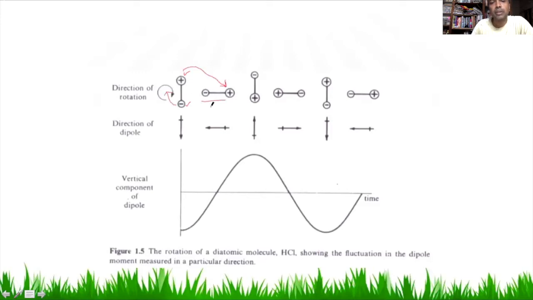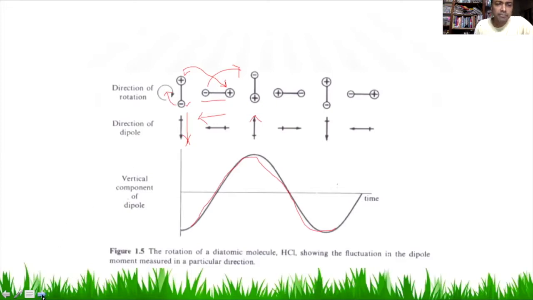Here the dipole moment is towards the left-hand side, and on another rotation, clockwise, the minus will be here and the dipole moment towards this one. If we take the vertical component, it looks like a wave with variation over time.